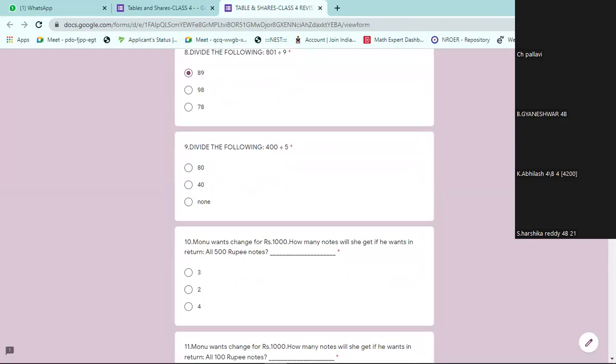Look at the 8th question. 400 divided by 5. 5 eights are 40. 0 is coming. So the answer is 80. 80 is the answer.